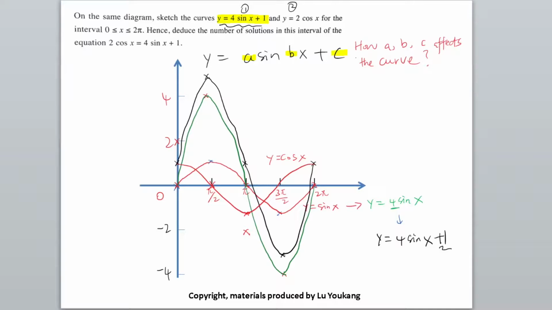Yep, I've done it. So now I can mark out my last point, where x is 2 pi, and therefore let me link up all these points so that I will get y equals 2 cosine x. I will use gray color here to differentiate all the different graphs.